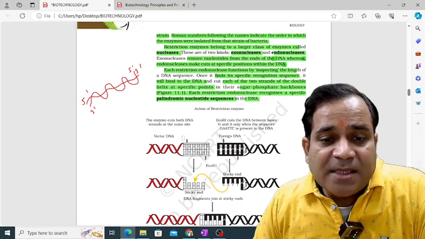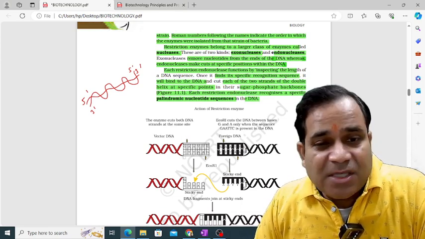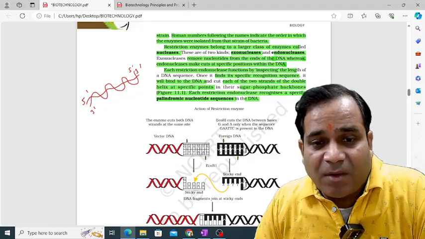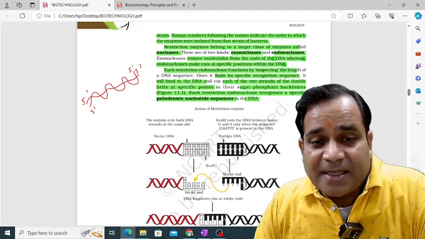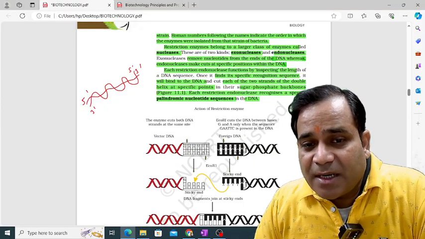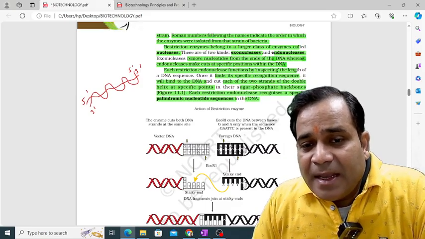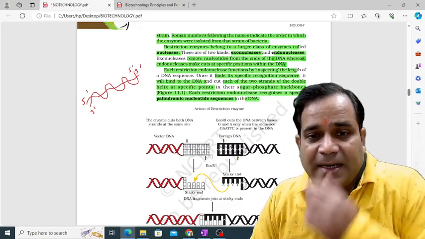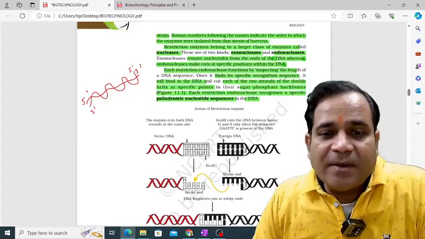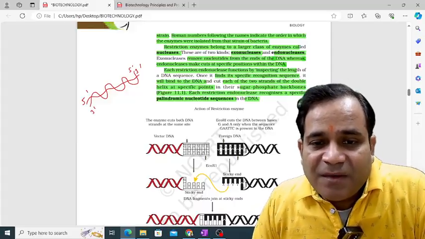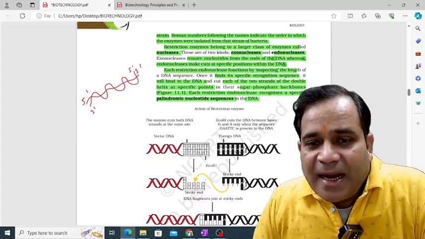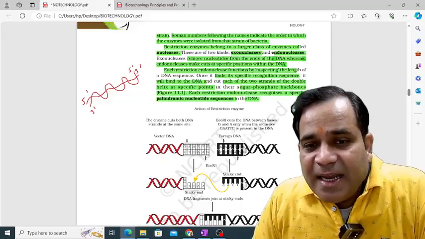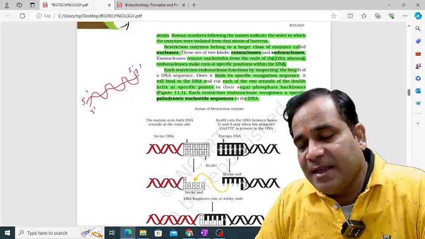See here, guanine to cytosine has a triple bond, adenine to thymine has a double bond. See A, T, C, G. Here at the two ends, that is guanine to cytosine, guanine to cytosine. What I am saying is that EcoRI cuts the DNA between the bases G and A when the sequence GAATTC is present in the DNA. Yes or no?